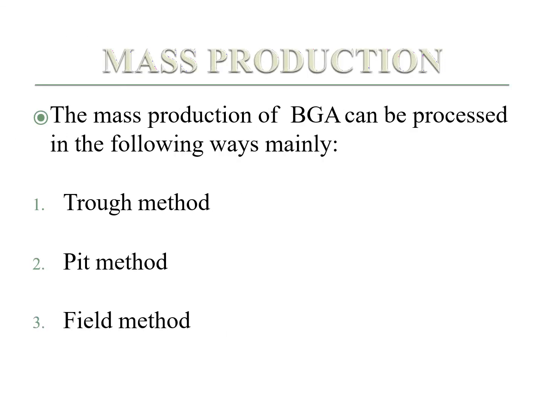The mass production of these blue-green algae can be done by three methods: trough method, pit method, and field method.